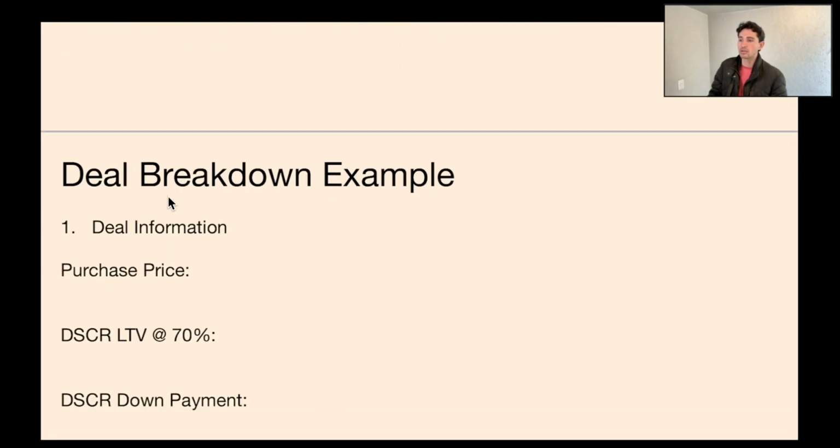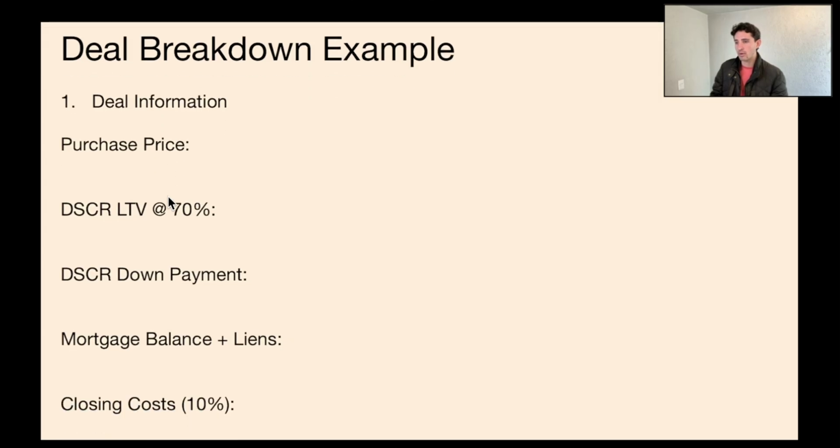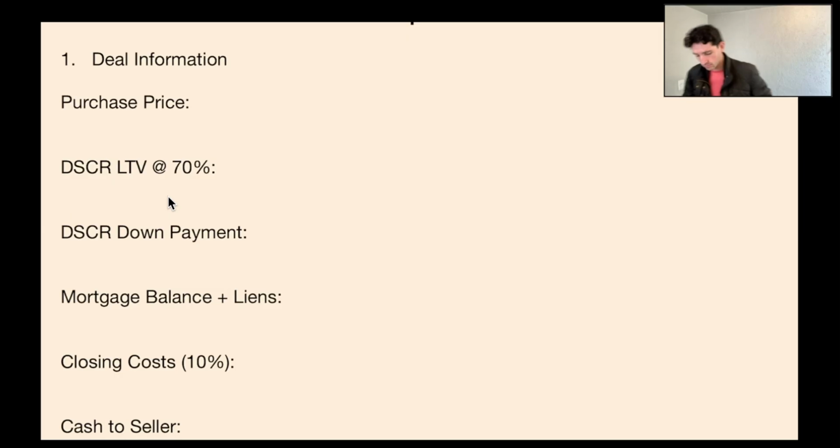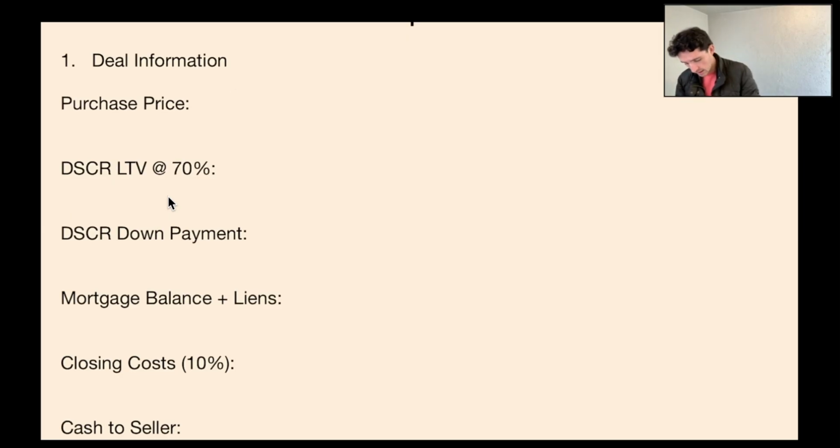So let's go over a deal breakdown example. Let's do it together. You can make notes and we can practice. I should have made the numbers already, but let's do it from the very beginning. Let's say the purchase price is 500,000.